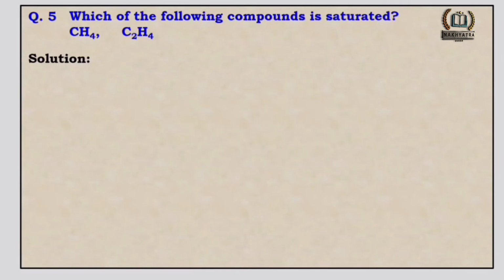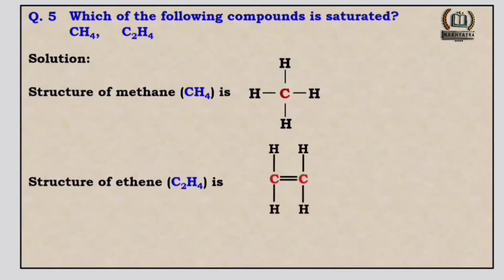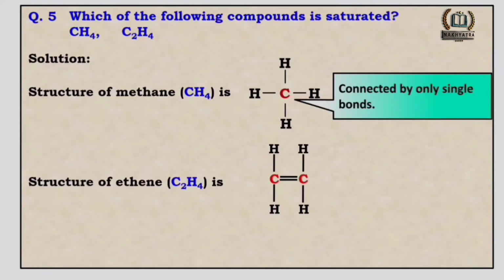So now let's see. First, draw the structure of methane. So this is the structure for methane. Now draw the structure of ethene. So this is the structure of ethene. Now we have to find out which one has single bonds and which has double bonds. Clearly you can see the carbon atoms here are connected by only single bonds.